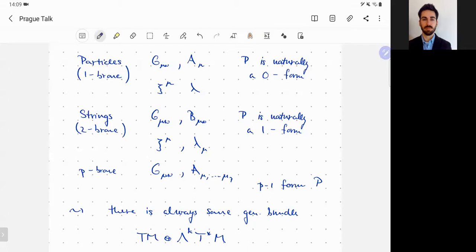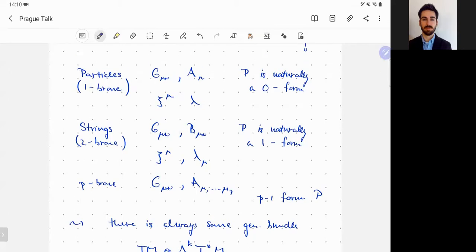So yeah, particles, we know that they couple naturally, when you write down the Polyakov action, to the background metric, but there's also electric coupling to a gauge field, right? That's something we know from mechanics. We can take a one-form from target space and pull it back to the world line, and that's a natural electric coupling of a one-form.